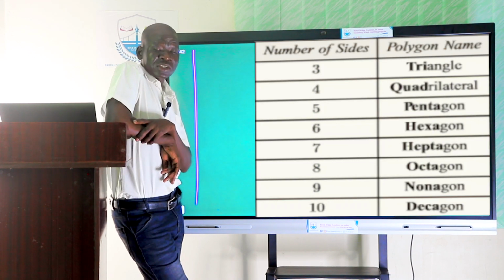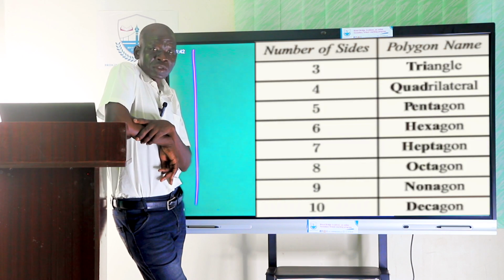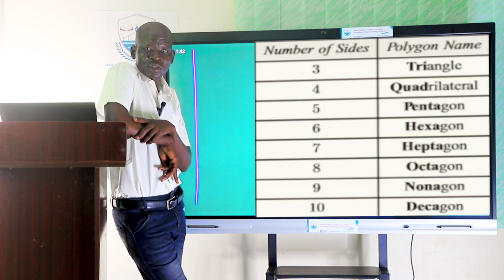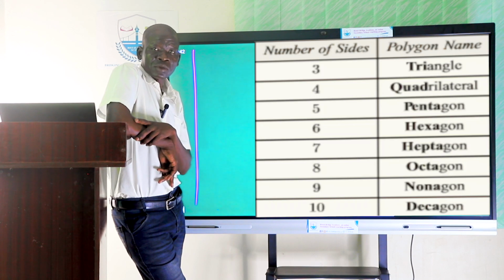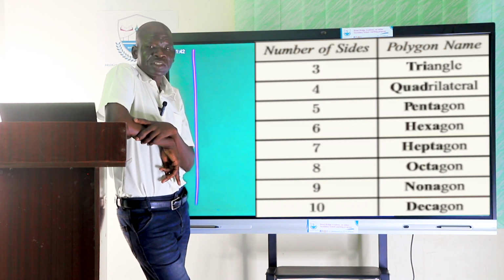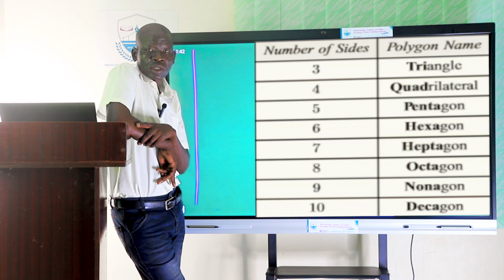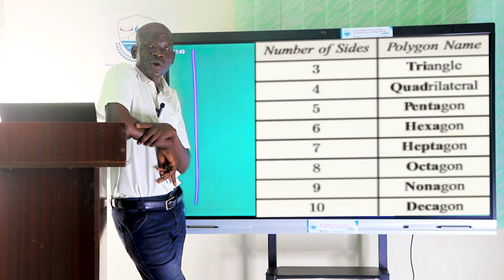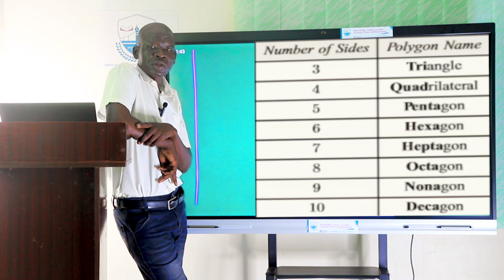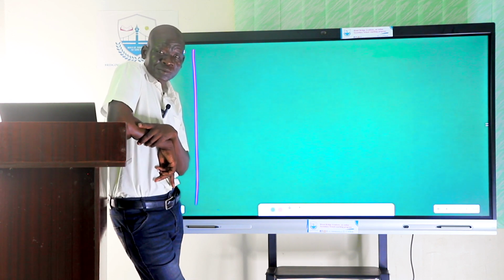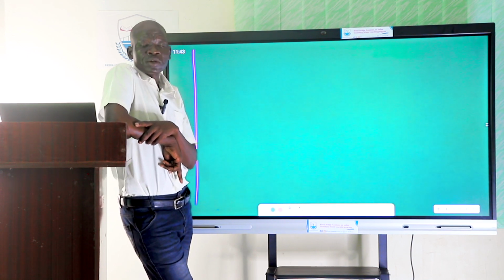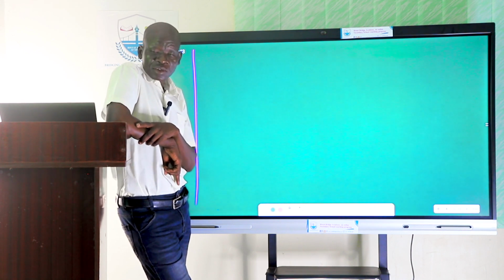A polygon with 3 sides is called a triangle. 4 sides, a quadrilateral. 5 sides, a pentagon. 6 sides, a hexagon. 7 sides, a heptagon. 8 sides, an octagon. 9 sides, a nonagon. 10 sides, a decagon. 11 sides, an elecagon. 12 sides, a duodecagon, and so on.